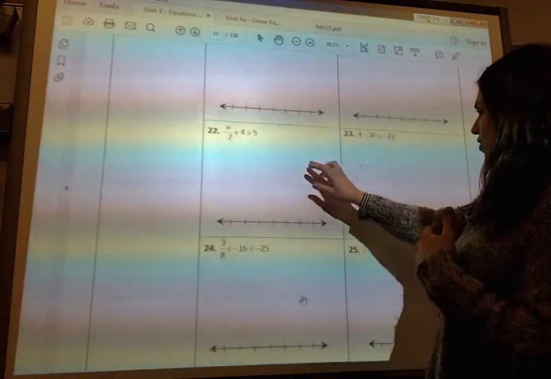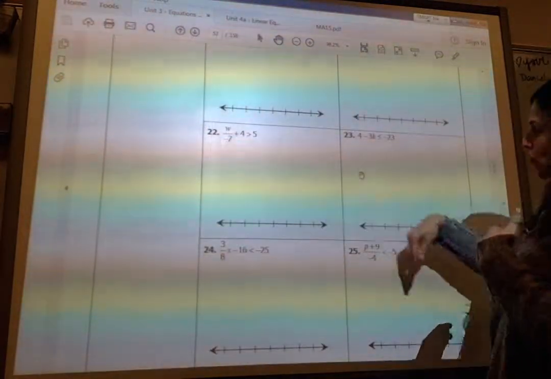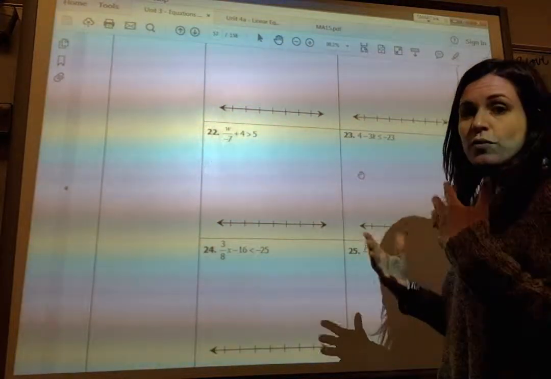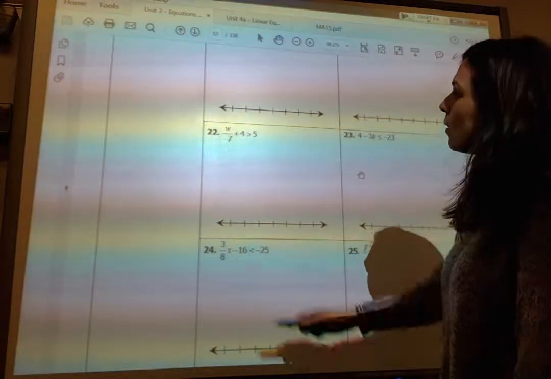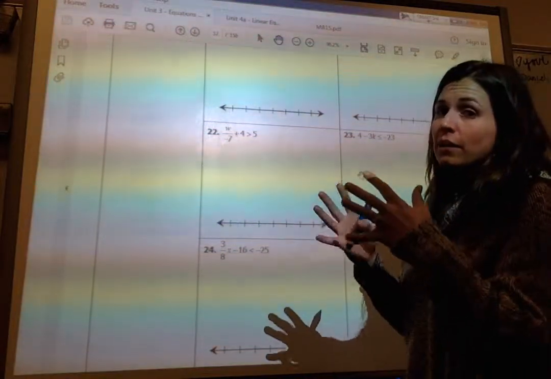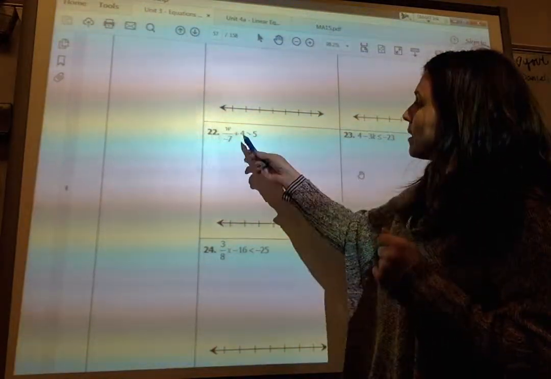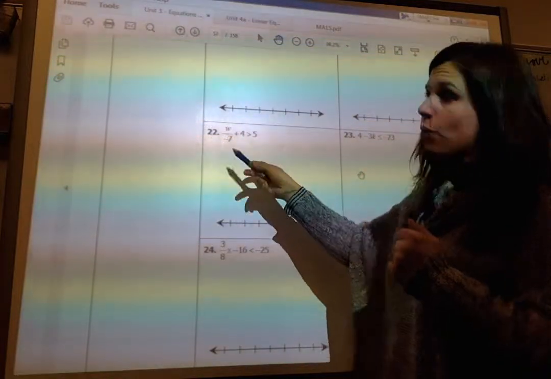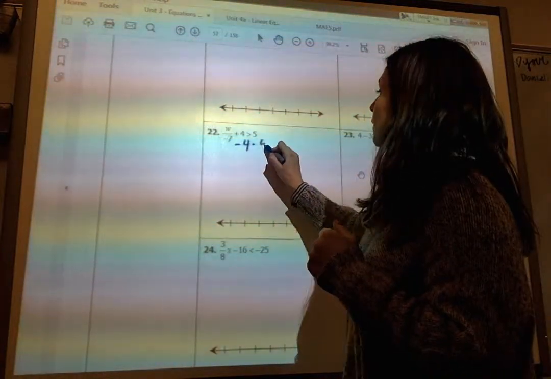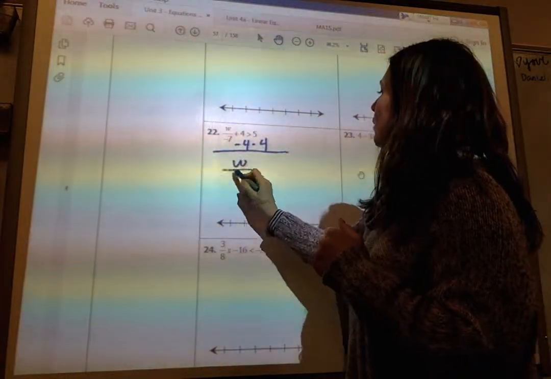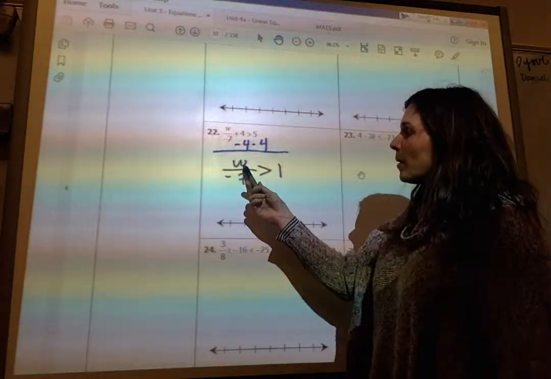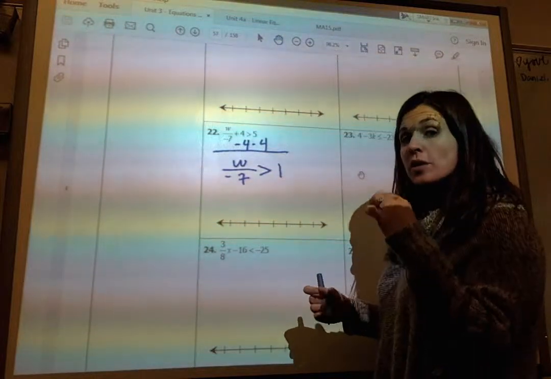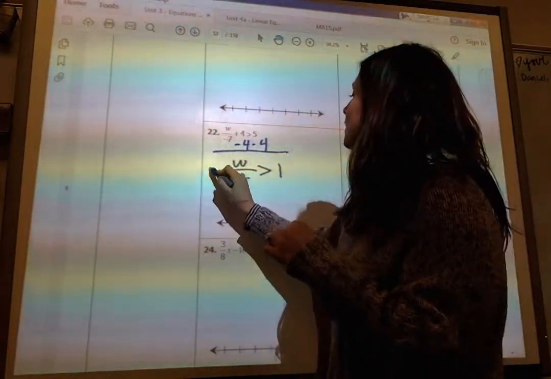Let's just do 22 through 25 just to refresh your memories because we're almost at 10 minutes on the video. All right, so number 22, remember we want to isolate the variable, so my first step is to get rid of this constant term, which is +4. So I'm going to subtract 4 from both sides, and I get w over -7 is greater than 1. Now to get w by itself, I'm going to multiply both sides by a -7.